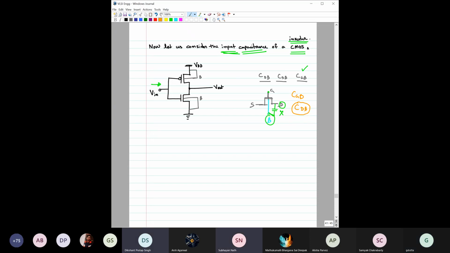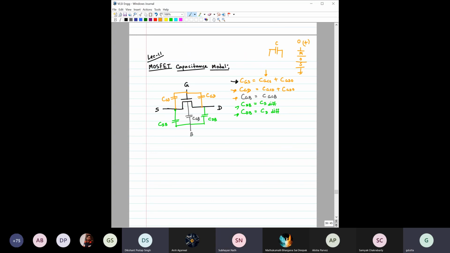So basically, from the previous page picture, I was just imagining that to be a simple circuitry, where we have one point at G and one point at B. This DB is this one, right? But this capacitance is not connected with this gate.